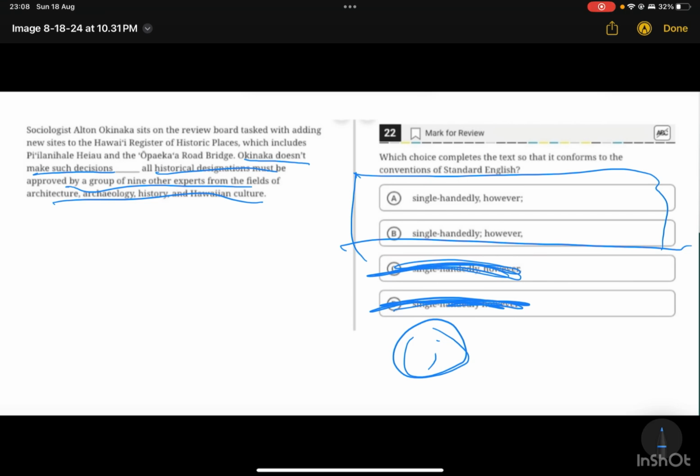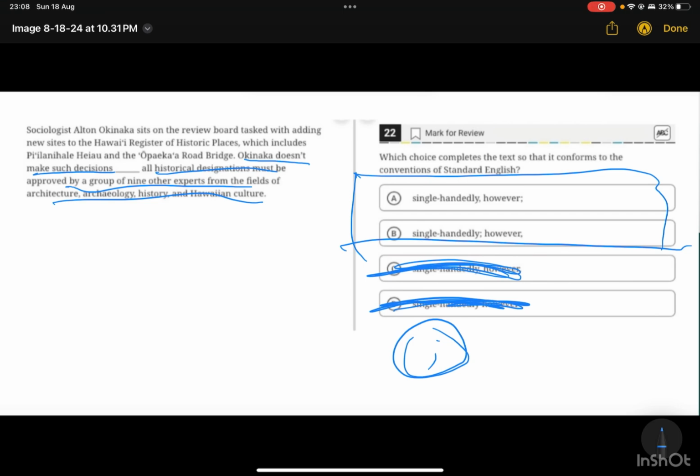Normal people are going to choose B because it will look like the correct answer, because the semicolon comes first and after a comma would be separating a different sentence. But as we read this, Okinaka doesn't make such a decision.